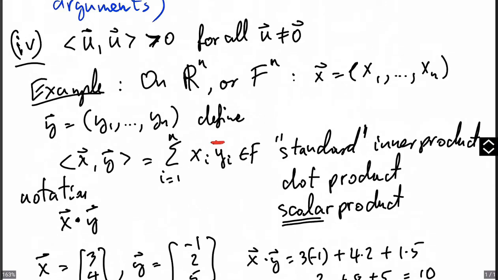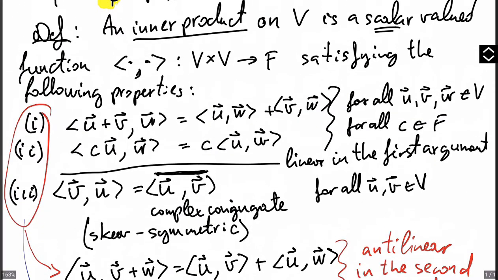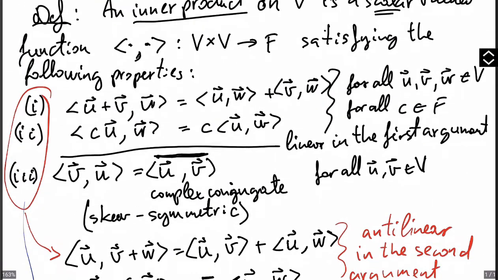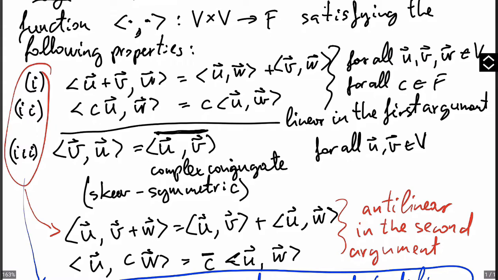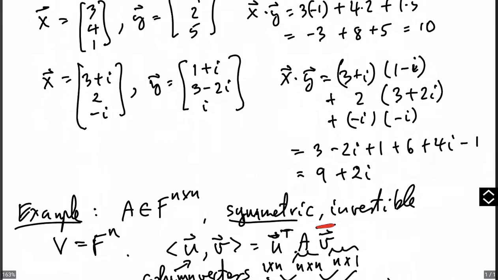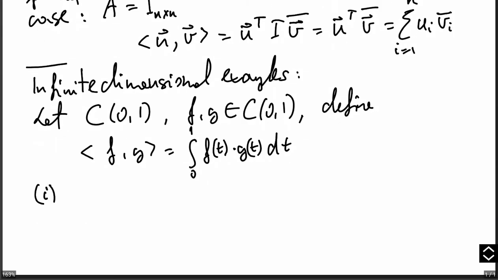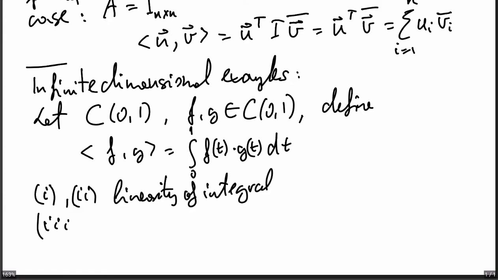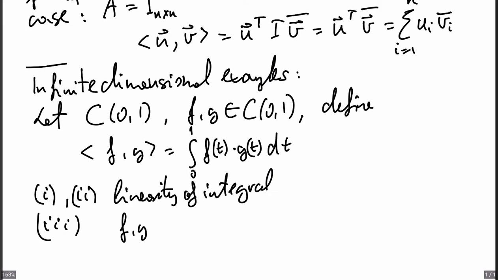If you check the properties, all these properties come from the integral's properties. So properties 1 and 2 come from the linearity of the integral. The third one says that the inner product of f and g is the inner product of g and f because we have real valued functions.